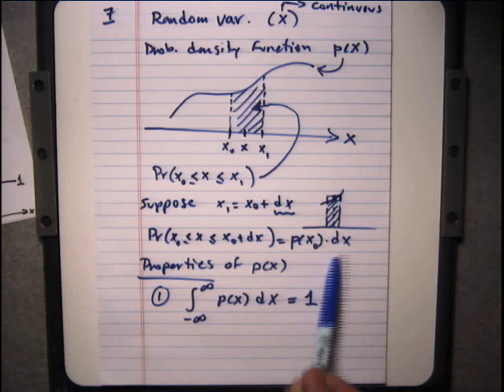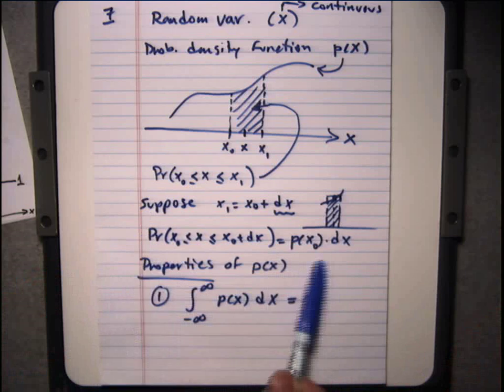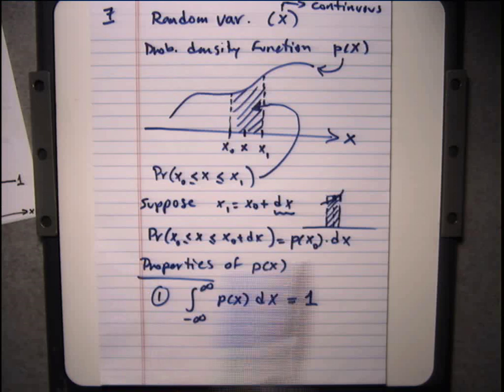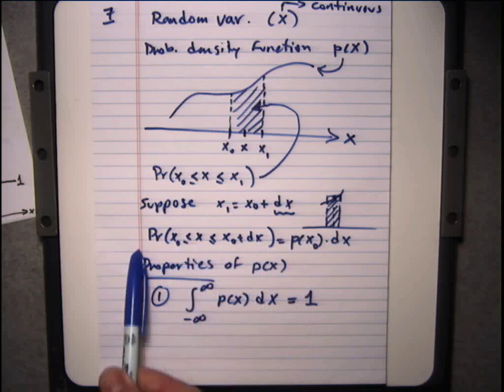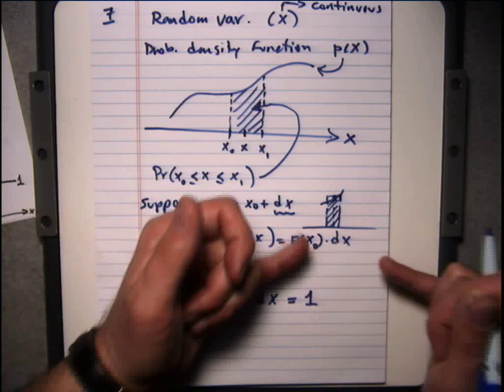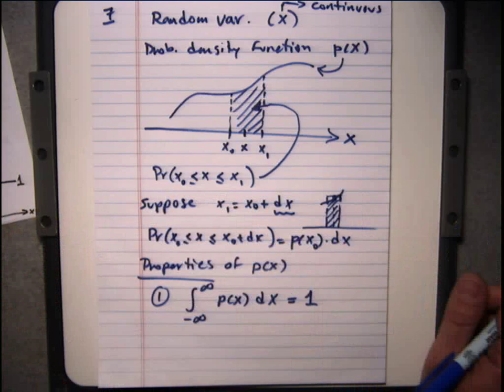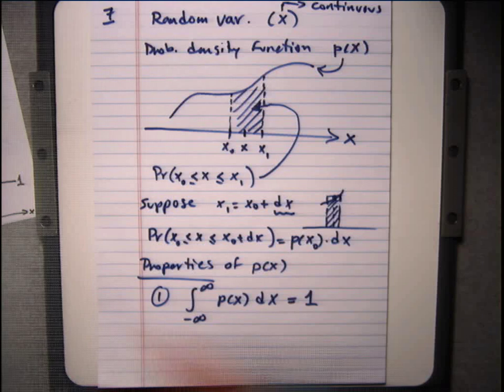Because if I now take this expression here and I integrate it on both sides, what you see is that on the left side, I will be summing up the probability that x is between x0 and x0 plus dx, and summing it up with all the other probabilities across the entire range of definition of x. So my left-hand side would have to be 1, and therefore my right-hand side, once integrated, would also have to be 1. Okay.